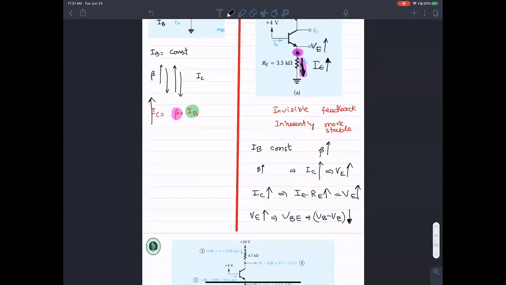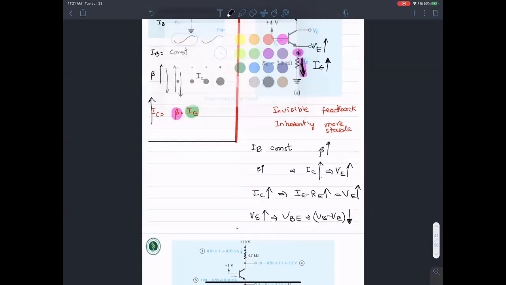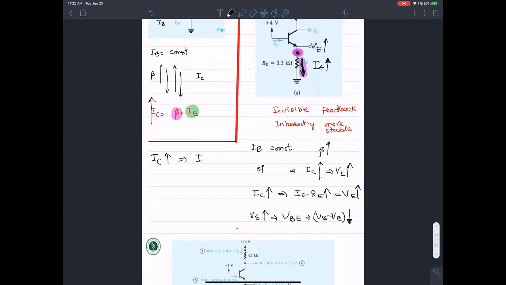If you think about it, by increasing IC, I increased IE, and by increasing IE, I increased VE, and I decreased VBE. When you decrease VBE, what do you think happens to IC?